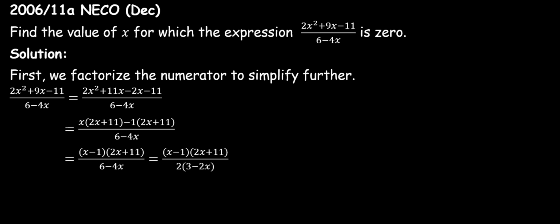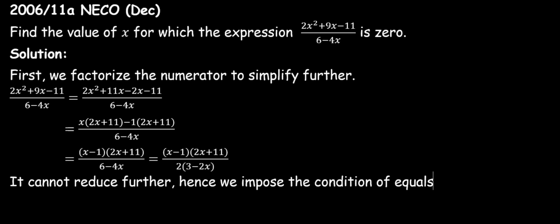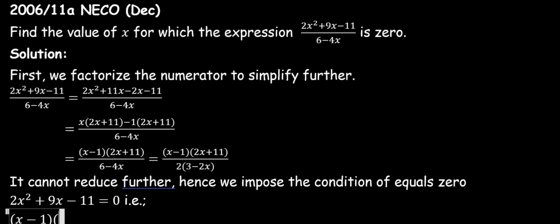It cannot reduce further. Hence, we impose the condition of the expression equal to 0. That is to say, our numerator, 2x squared plus 9x minus 11, will be equal to 0. That's the same as saying (x minus 1) into (2x plus 11) is equal to 0.